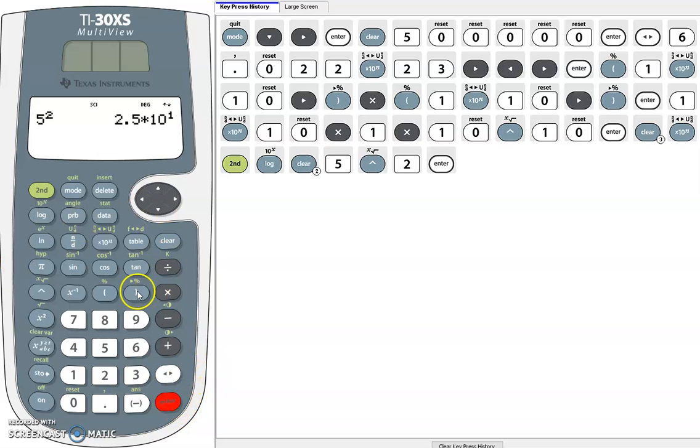Another thing that happens is whenever we want to do not square roots, but cube roots or higher roots, the way that we would do this is, let's say I wanted to take the cube root of 8. I would punch second, and then I have this little X where the root symbol is.